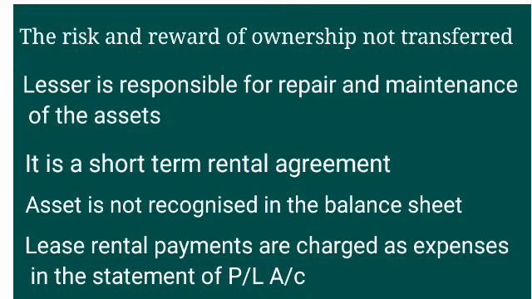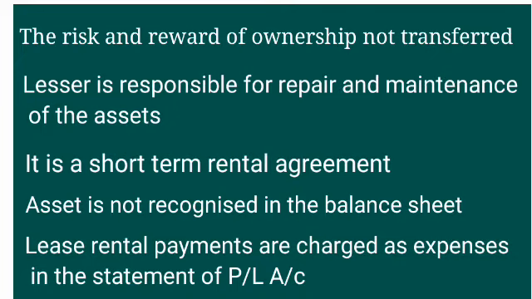Then we want to discuss the journal entries or accounting treatments of operating leases. First of all, we are discussing journal entries in the books of the lessee. The first journal entry is for the rental amount due: lease rental account debit to lessor, as it is an expense.